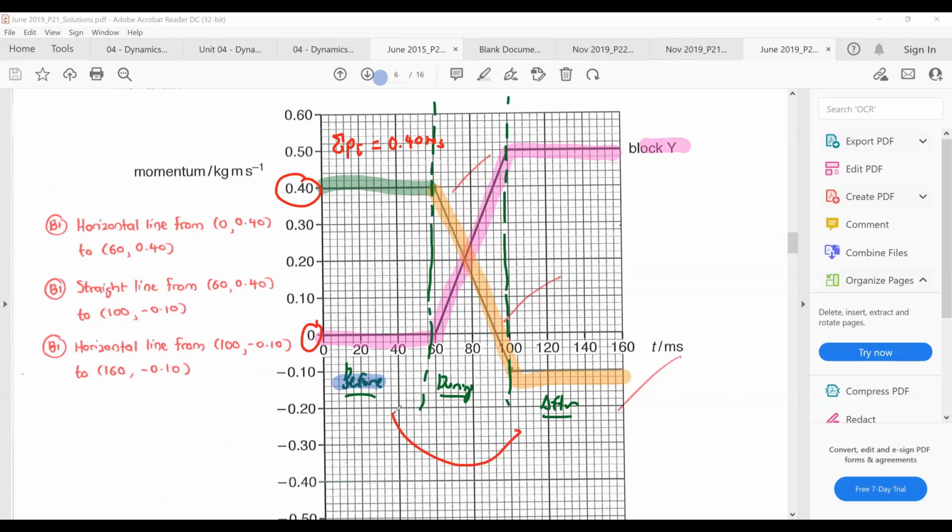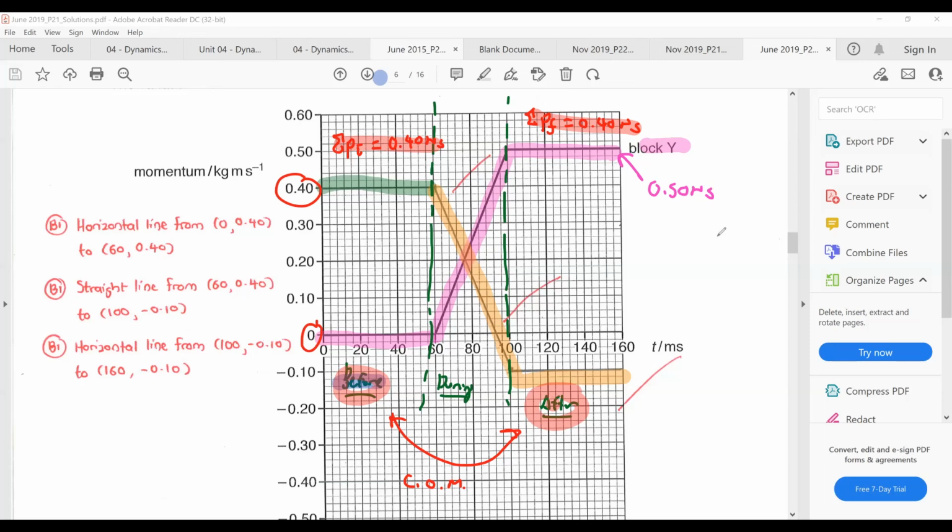Now, according to conservation of momentum, your initial momentum and final momentum must be the same. Before collision, the total initial momentum is 0.40 newton second. If conservation of momentum is still obeyed, your total final momentum must also be 0.40 newton second. Block Y already has a value given to you, 0.50 newton second.